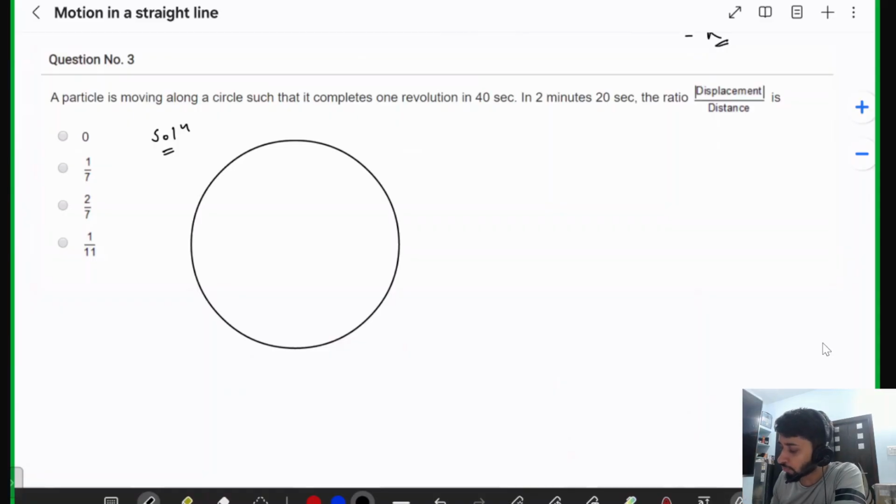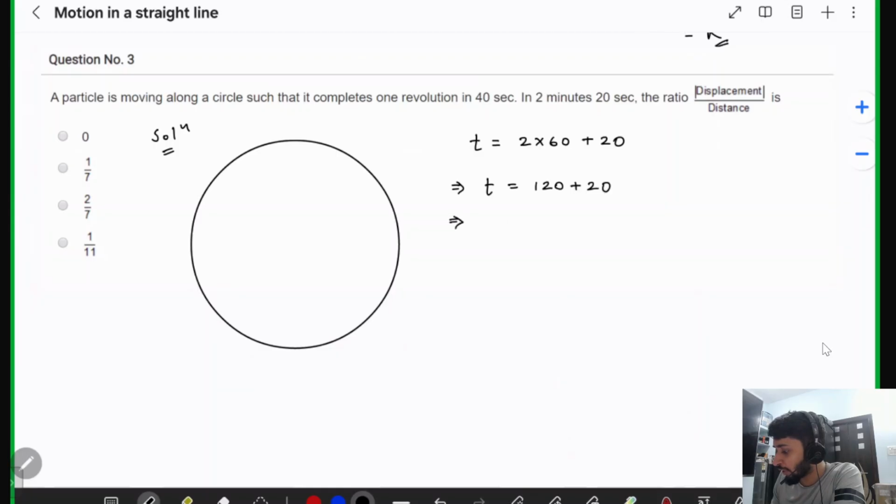If I see the total time that we have, the total time is 2 minutes and 20 seconds. If I convert it into seconds, that will be t equal to 2 into 60, which becomes 120, plus 20.